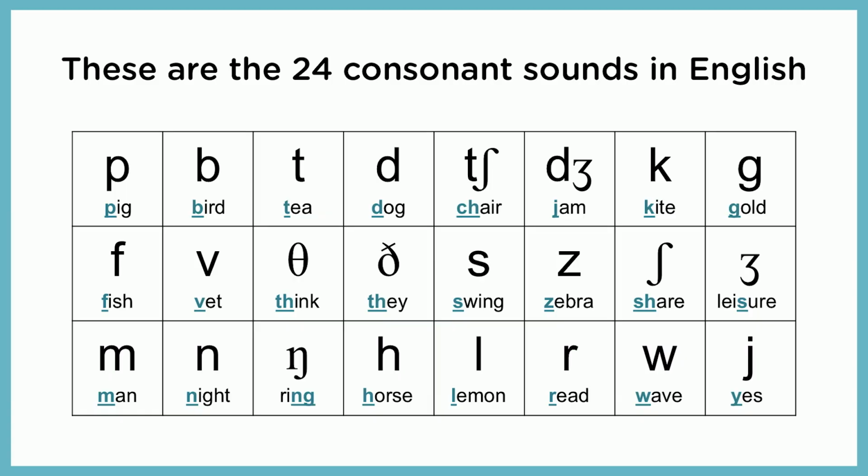So everybody, what we can see here is very similar to the vowel chart we saw a second ago. Here we have the consonant symbols in the phonemic chart, and under them we have the words they represent. The wonderful news for consonants is that most of the time they look exactly the same as the letters. For example, the P sound looks the same as the letter P. Same with D, it looks like the letter D. But there are a couple of ones here that will look a bit different.